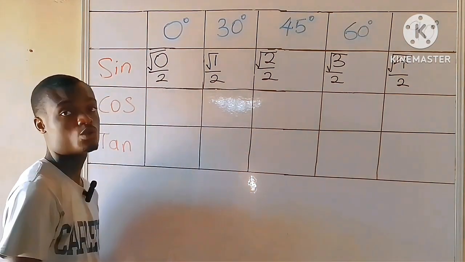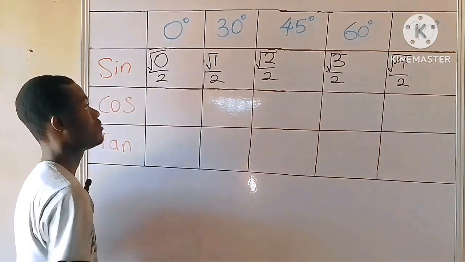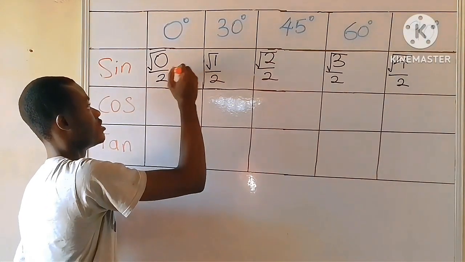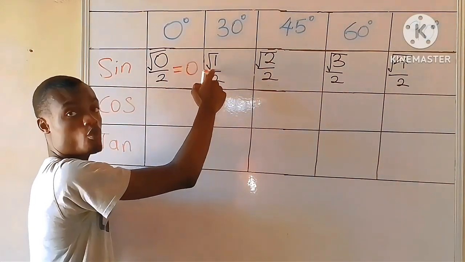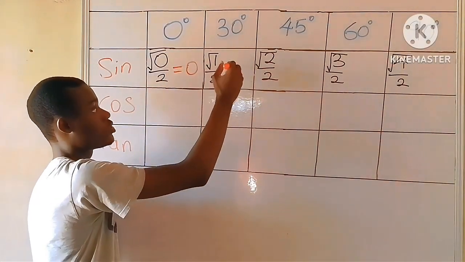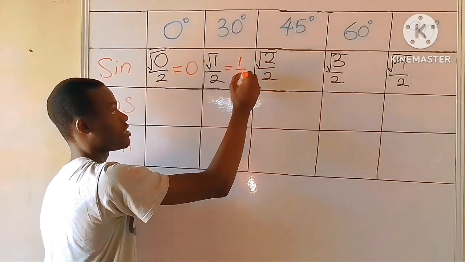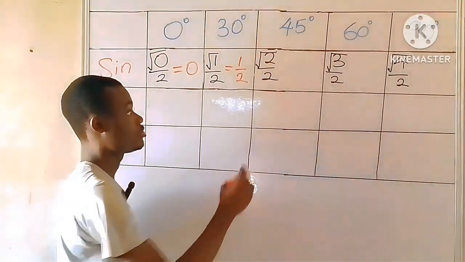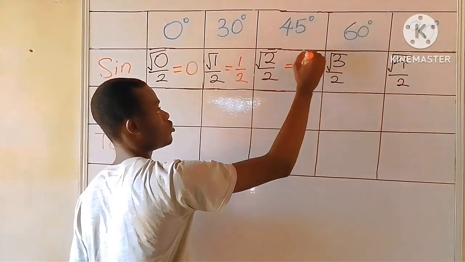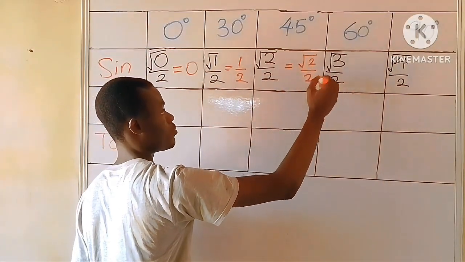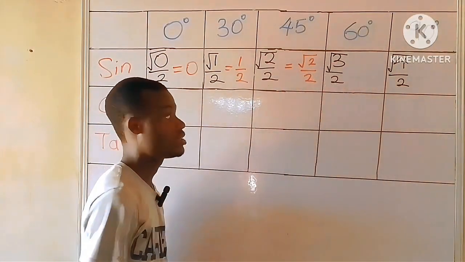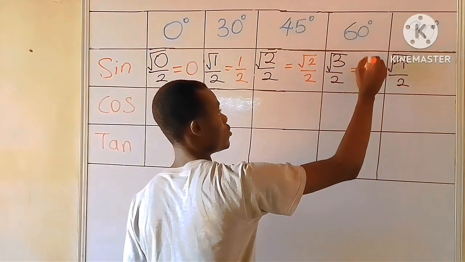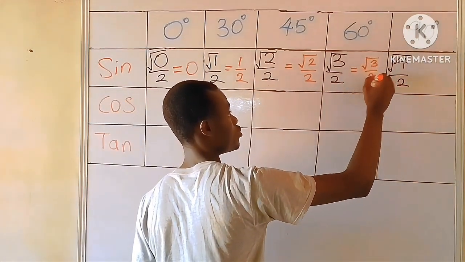The square root of 0 is 0, and 0 divided by 2 will give us 0. The square root of 1 is 1, so we are going to have 1 over 2. Root 2 is an irrational number, so we are going to leave that root with the number, so it becomes root 2 over 2. Root 3 is also an irrational number, so we are going to write it as root 3 over 2.